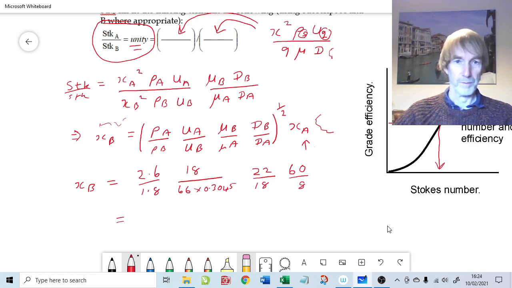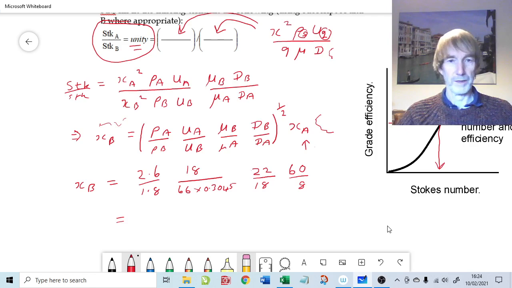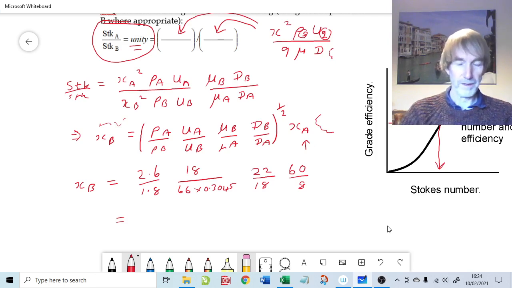Okay, well, before we do the square root, let's do some calculations for each one of these. It's easy to go wrong, so I'll do this carefully. I have my trusty, very basic calculator here. So 26 divided by 18 equals 1.44.